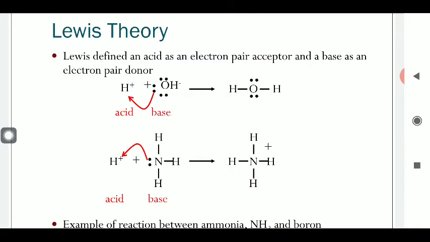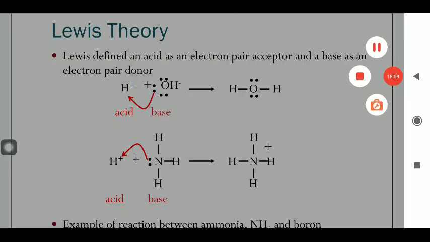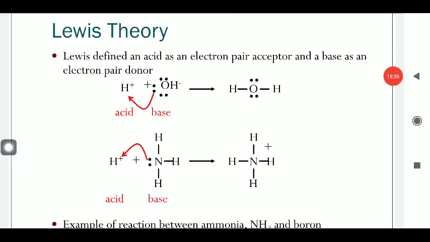But in the Lewis concept, first of all, we are taking electron transfer to explain the property of acids and bases. All those compounds which can donate an electron pair are known as bases. On the other hand, all those compounds which can accept an electron pair are known as Lewis acids.